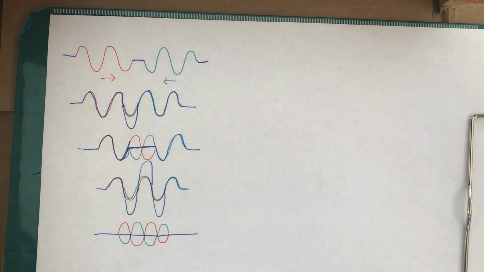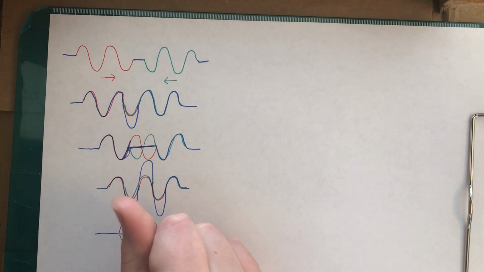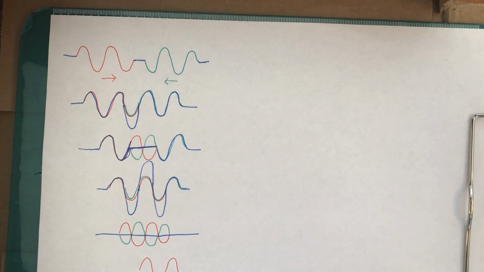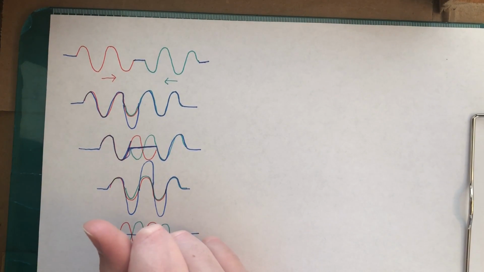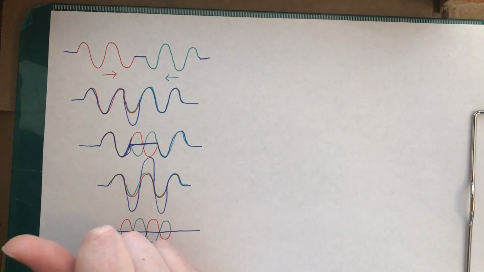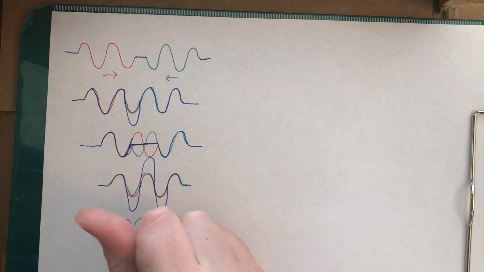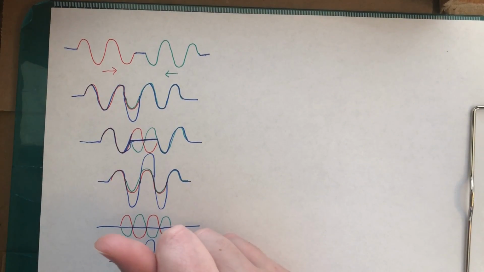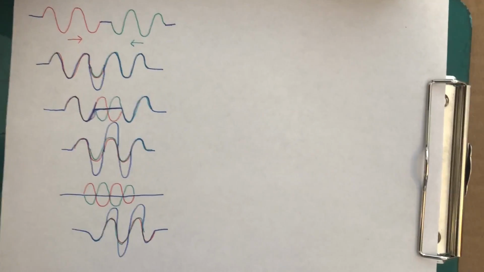And then as they keep moving, now the green is going to be partly moved past the red wave. So we have it like this. Again, we're going to have these extra tall parts of the wave where the peaks and troughs line up with each other. And then it would kind of continue like that as they finish moving past each other.